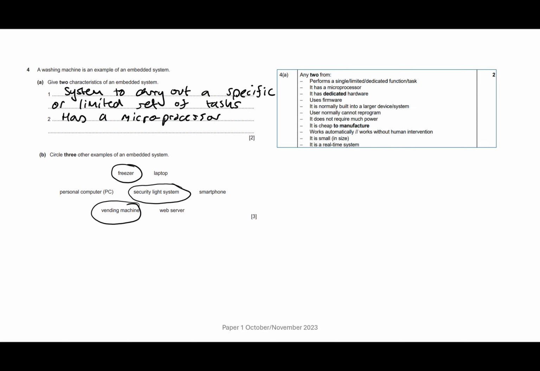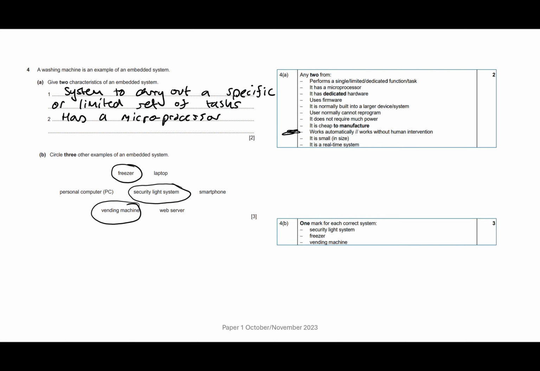So it says here, you can't reprogram them. So yeah, there are lots of other things, but actually what we said in our answer here, embedded systems carry out a specific set of tasks or limited set of tasks. They have a microprocessor, and also this one as well: works automatically, can work continuously without human intervention.